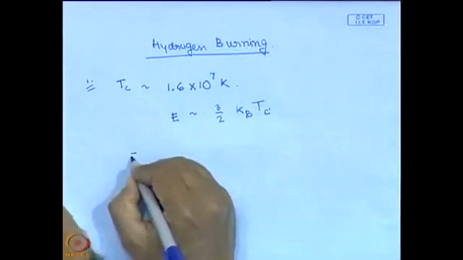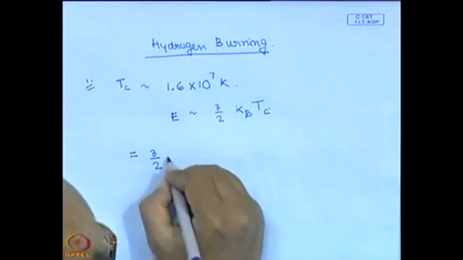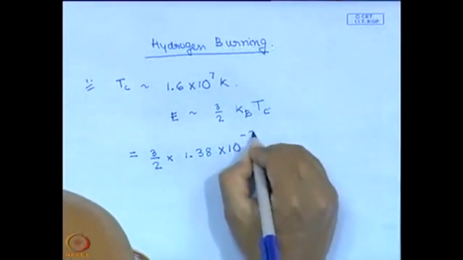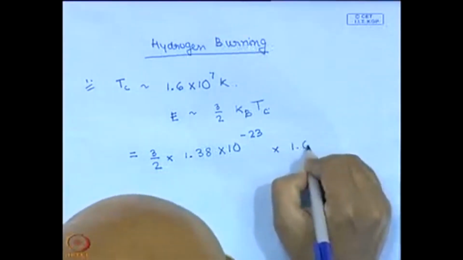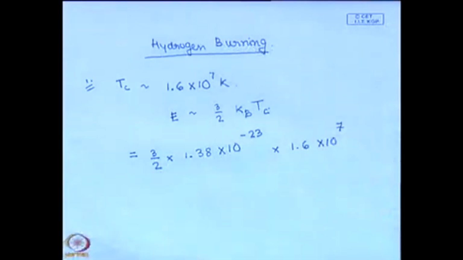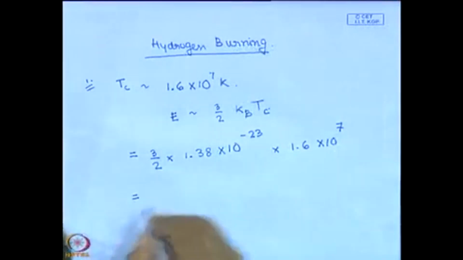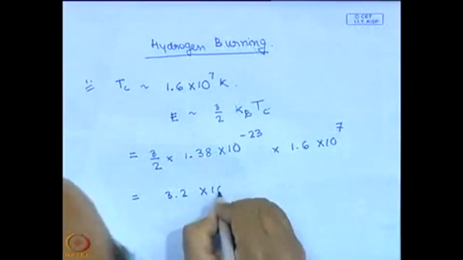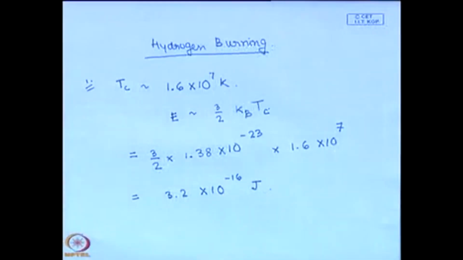So, 3 by 2 into 1.38 into 10 to the power minus 23, that is the Boltzmann factor, into 1.6 into 10 to the power 7, that is the value of the temperature. If you do the calculation, it comes out to be 3.2 into 10 to the power minus 16 joules. That is the kinetic energy of the protons.